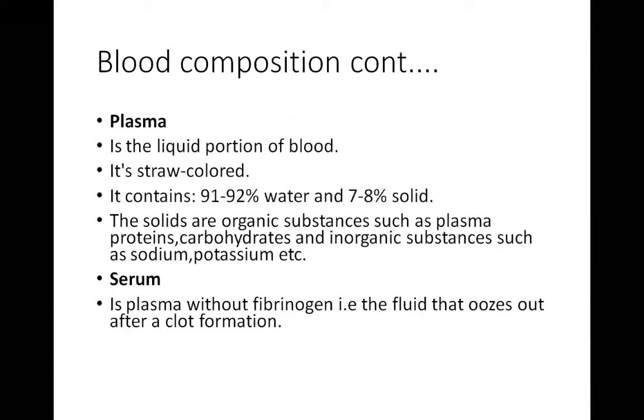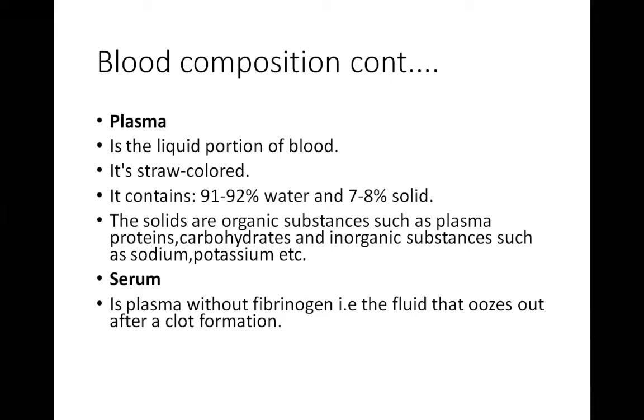Plasma is the liquid form of blood, the portion that is liquid in the blood. It is straw colored. It contains 91 to 92% of water and 7 to 8% of solids. These solids are organic and inorganic substances.